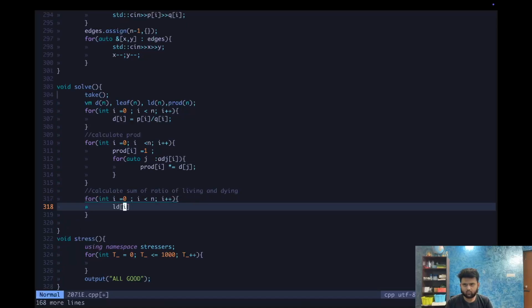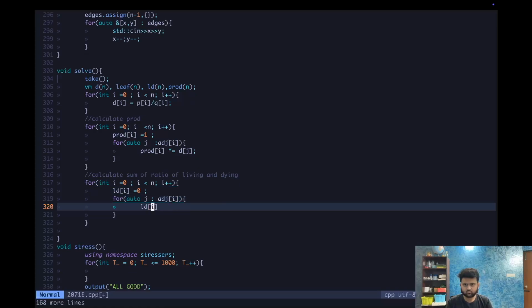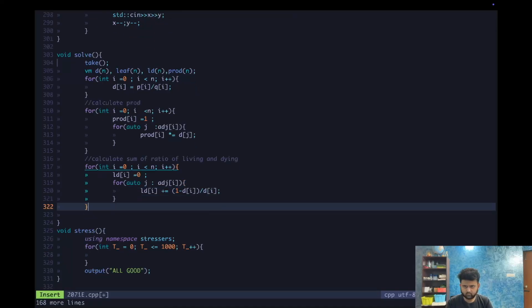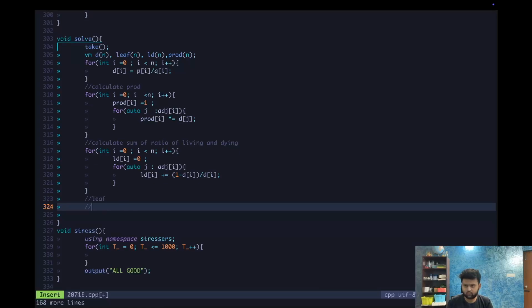You have LD of i equals 0; for auto j in adjacent of i, LD i plus equals 1 minus di by di. Now we'll calculate leaf.